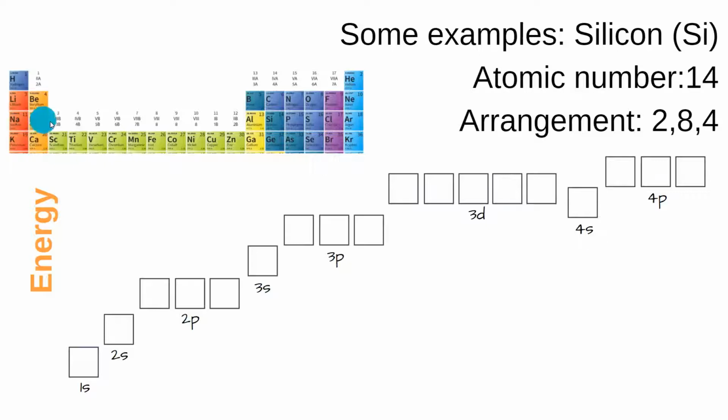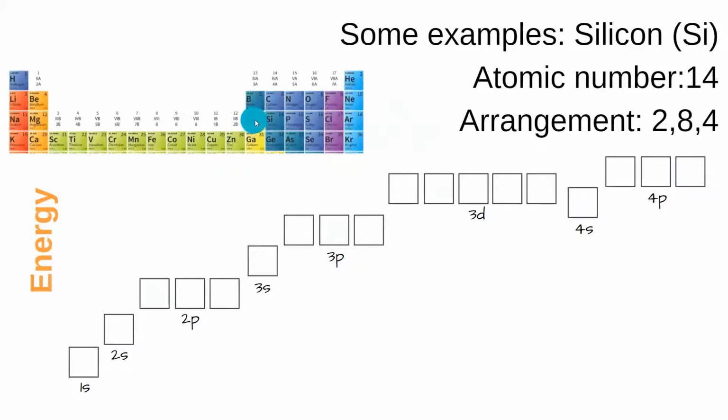Then we come down to the third row, or the third shell. And so the first 2 on the left-hand side is the s orbital. So we have 2 in the 3s orbital, or 3s2. Then we come across to the 3p orbitals, and this is the one that silicon is in.